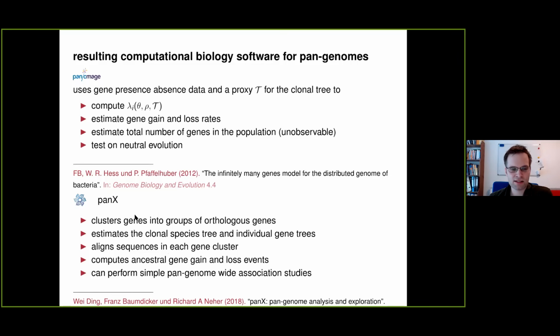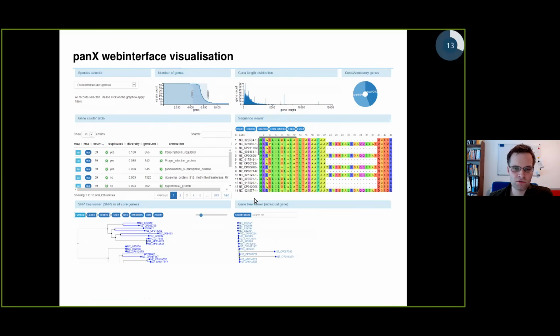PanX just takes all the bacterial genomes, clusters the genes into groups of orthologous genes, estimates clonal species trees and all the individual gene trees, and then computes ancestral gene gain and loss events. Then also, due to mainly the work of Reweighting, it can very beautifully illustrate everything on an interactive website where you then can browse the pangenome. And this is a screenshot of this website.